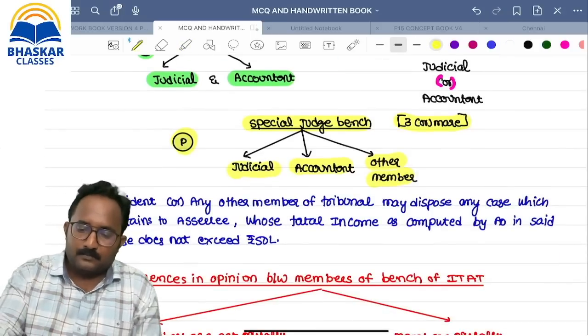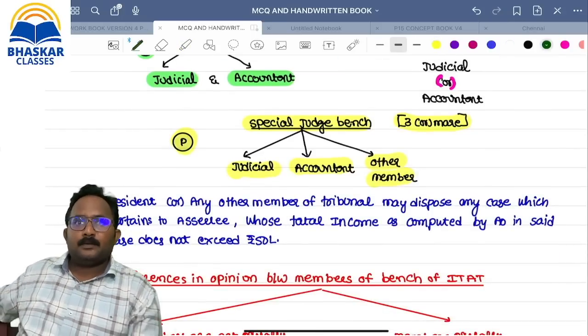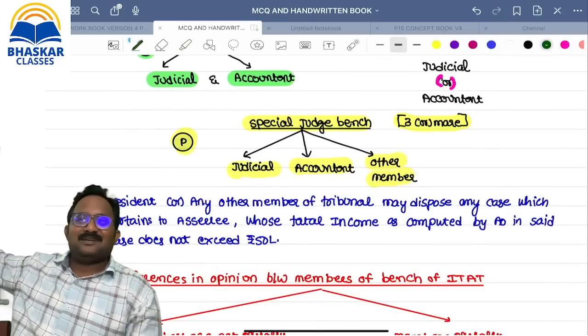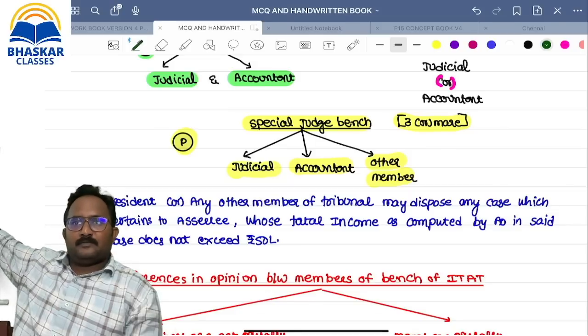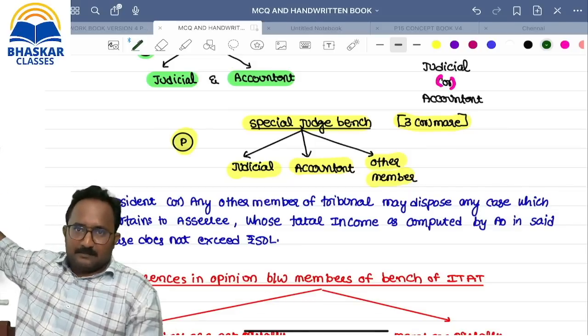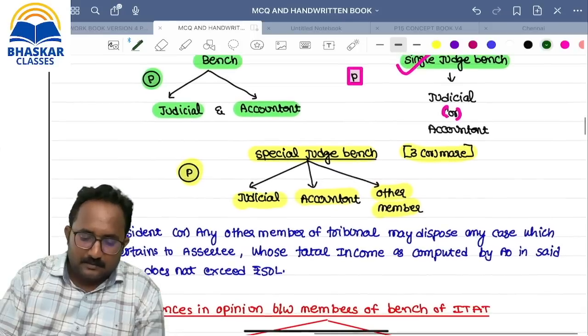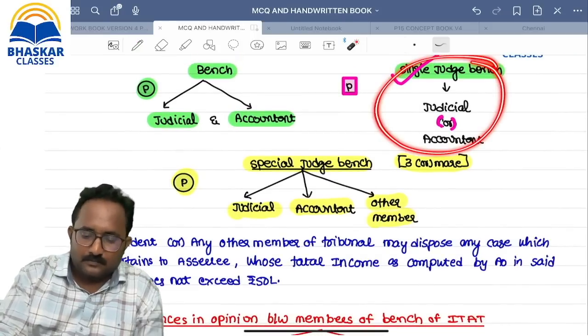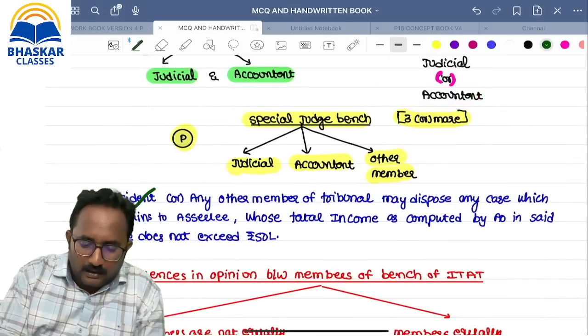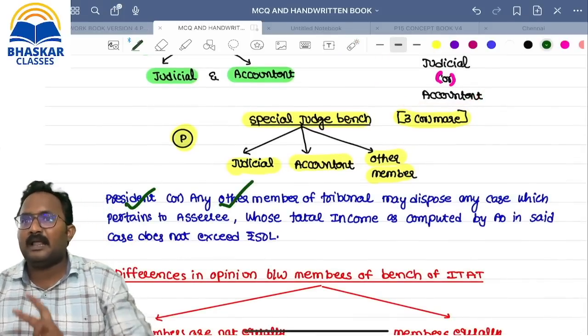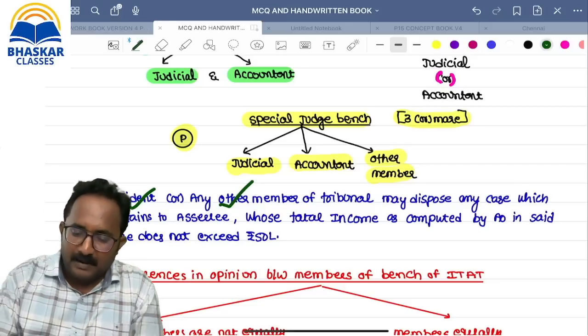In the appeals chapter, this is an important point from the very introduction of the chapter. If it is a single judge bench, the president or any other member of the tribunal, meaning any one member, either judicial or accountant, may dispose of the case.